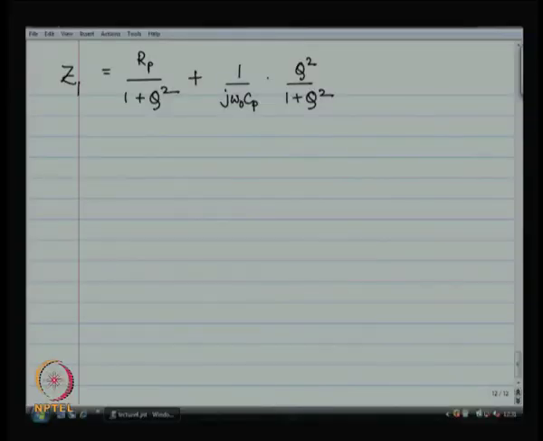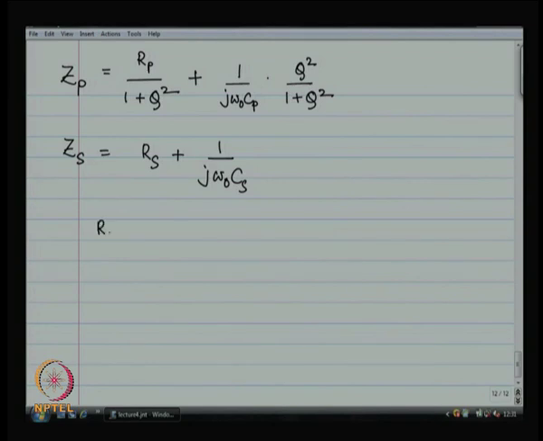So, this is my input impedance of the parallel network. Input impedance of the series network is easy to figure out. And that kind of tells you what is going to be what.